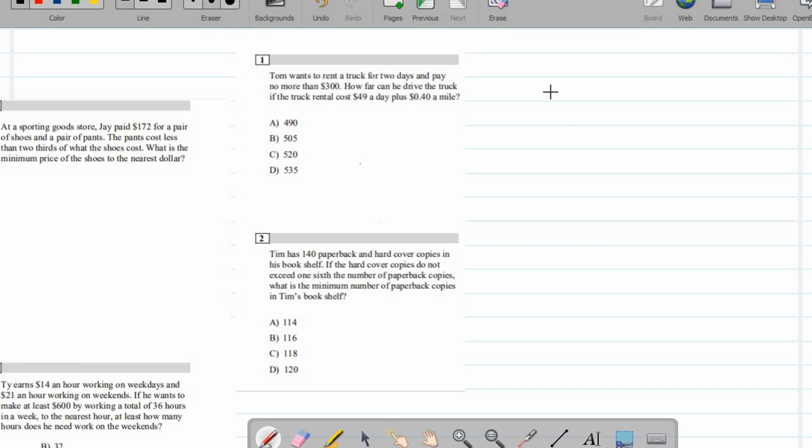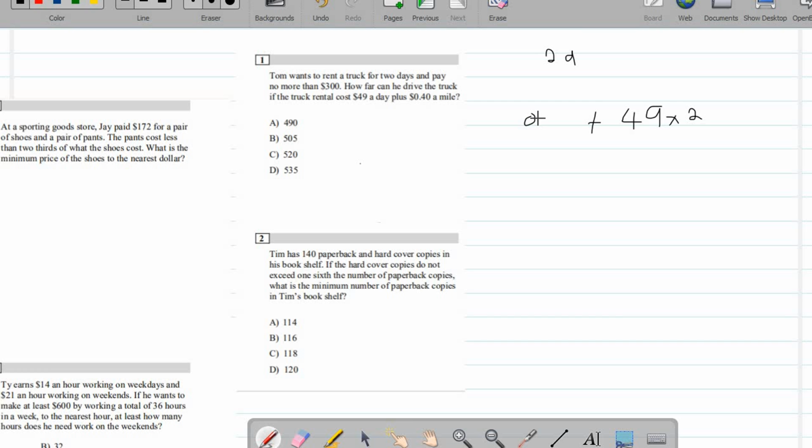Another question here: someone wants to rent a truck for 2 days and pay no more than $300. How far can he drive the truck if the truck rental costs $49 a day plus $0.40 a mile? So there's a relationship between the number of days and the cost per day. So 49 times the number of days, let's say that's 2 days, because that's how long he wants to use it, then $0.40 for every mile.